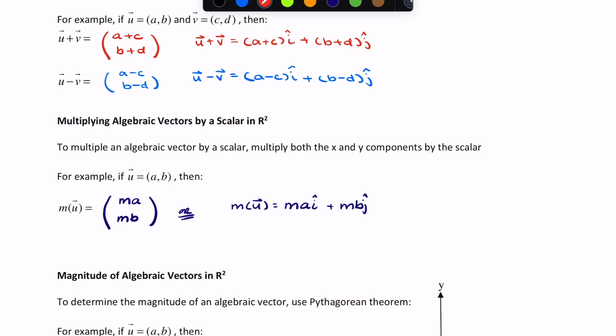So the m value represents the scalar. Here, the a times the unit vector i represents the x coordinate, and again m represents the scalar. And here, the b times the unit vector j represents the y coordinate.